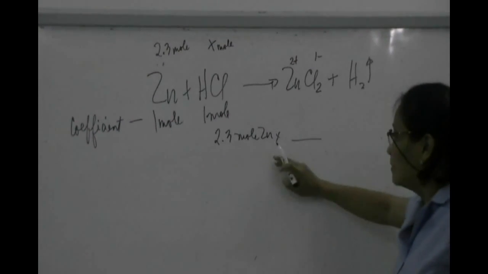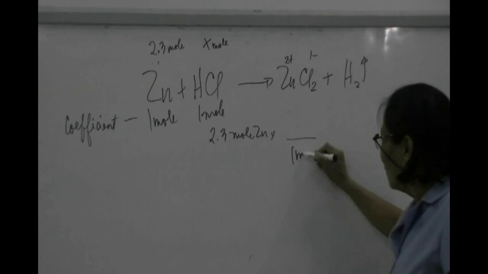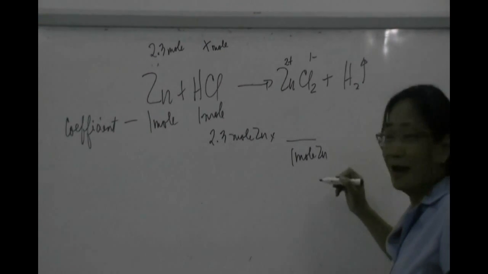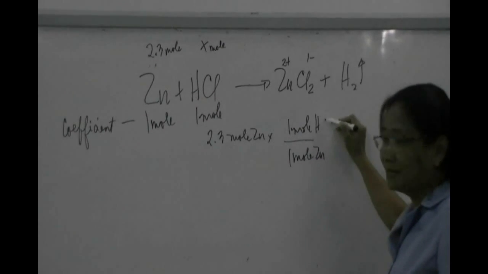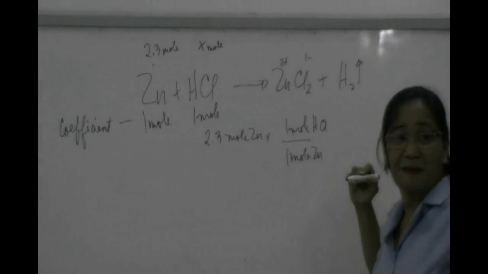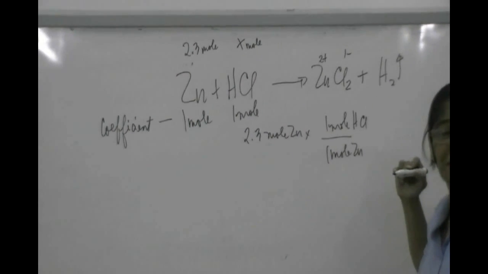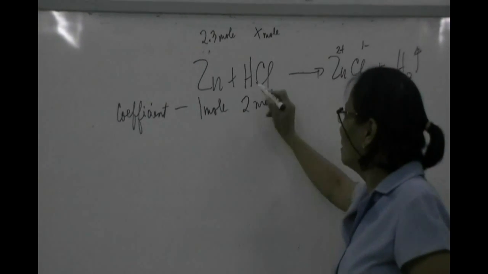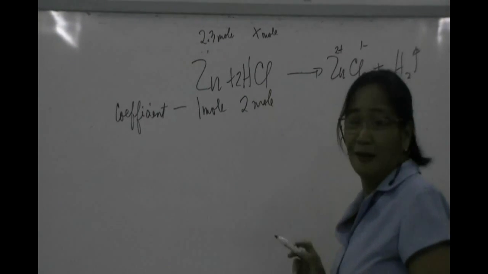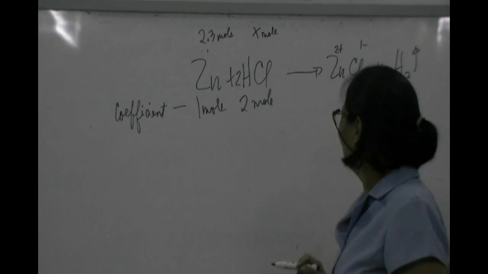So 2.3 moles of zinc, with 1 mole of zinc by balancing and 2 moles of HCl. For the coefficient, 1 mole is for the zinc, 2 moles for the HCl to balance the equation.